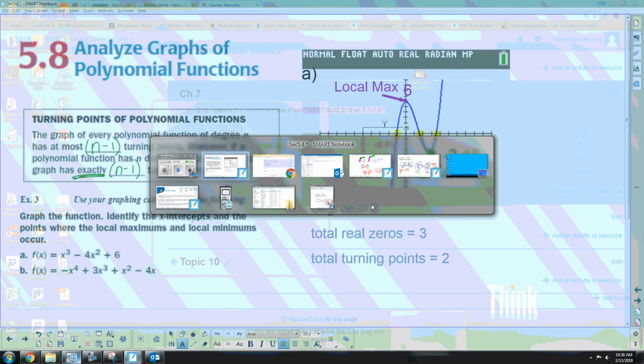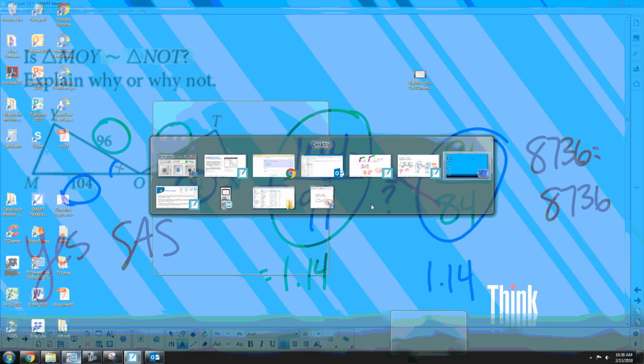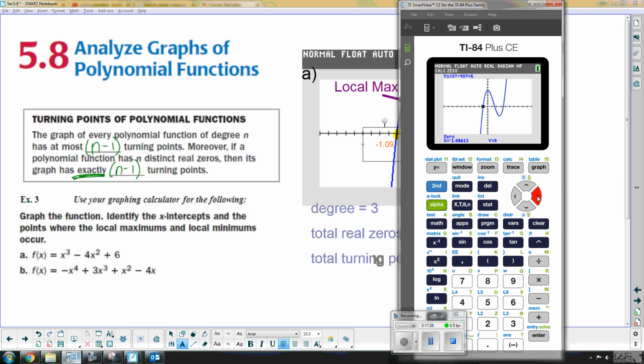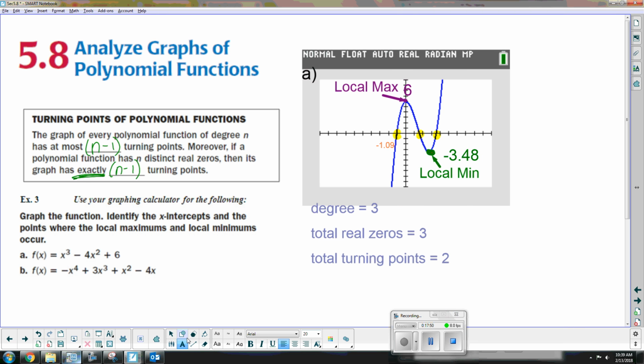Now we're going to do the same thing with our other zeros. So we want to go to Second, Calc, the 0, scroll to the left of a 0, hit enter, and then scroll to the right of a 0, hit enter, guess. All right, and then our next 0, our x coordinate is 1.57.